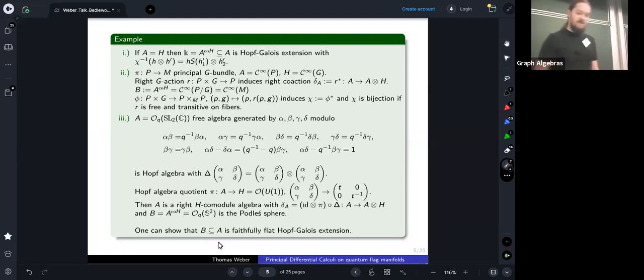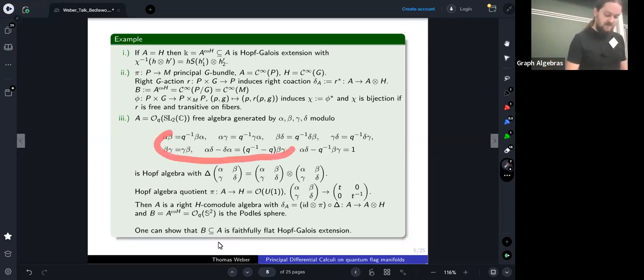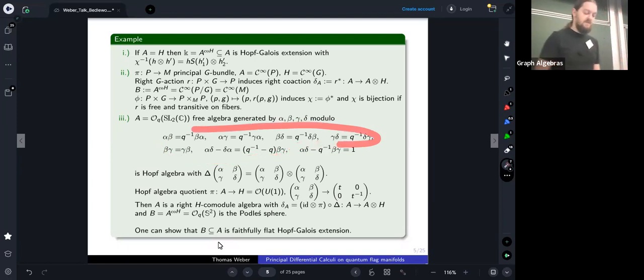Okay, the next example will also be crucial. It's SLq2, which is very similar to SUq2. SUq2 is just a real form of this one here. So I will give the definition, even though we have basically seen it many times throughout this conference. This is the free algebra generated by alpha, beta, gamma, delta, and then we mod out some commutation relations that are written here, the Manin ones, and the last one is the quantum determinant.